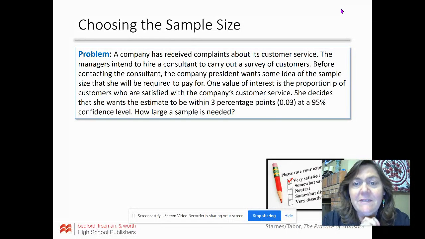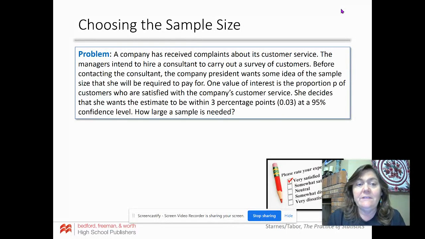A company has received complaints about its customer service. The managers intend to hire a consultant, and before contacting the consultant, the company president wants some idea of the sample size because she's going to have to pay for it, right? So one value of interest is the proportion p of customers who are satisfied with the company's customer service.